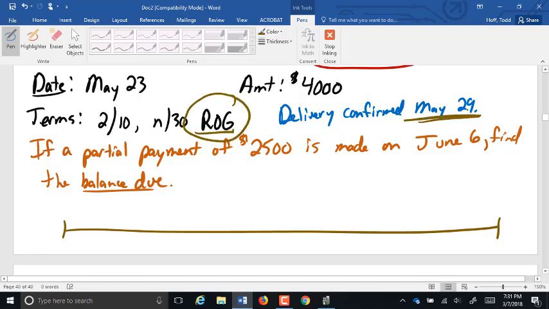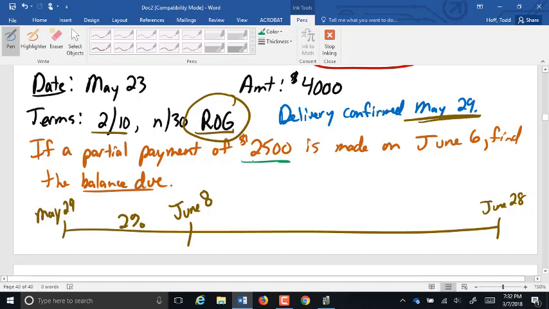Yeah, ROG means we go to the delivery confirmation date of May 29th. 2/10, again, our 2% discount period ends on June what? June 8th? Perfect. Then, of course, the credit period is going to end on June 28th.